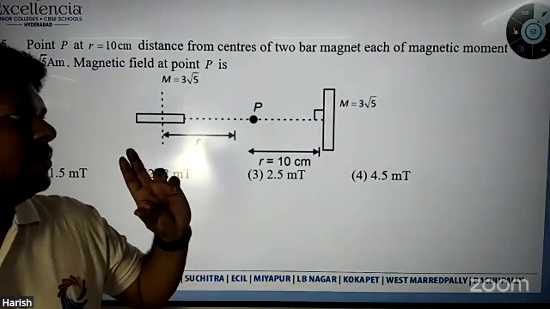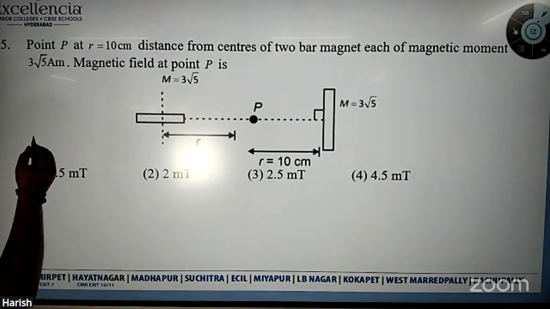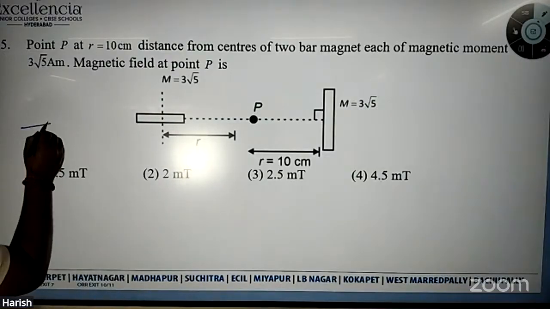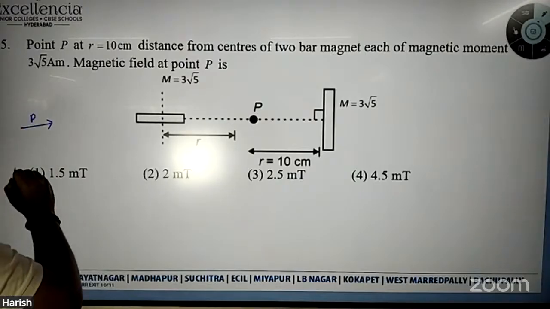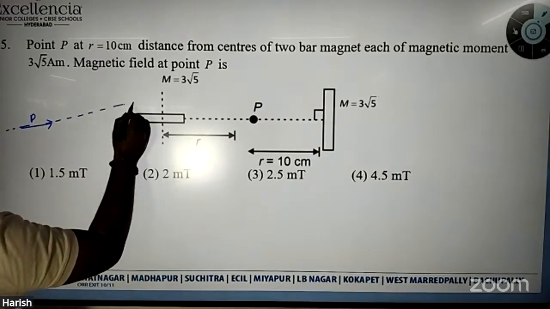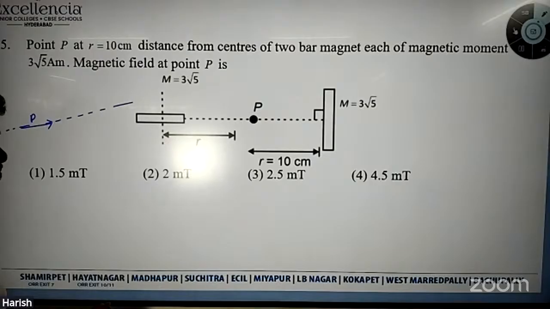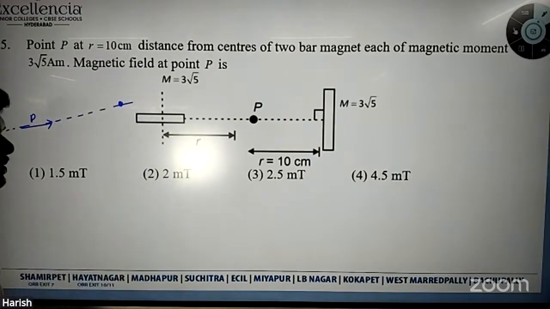But still, you need to know how to relate the terms and formulas. For example, if you look at this electric dipole, with point P, and this is the axial line. We even know the formula of electric field due to a dipole on the axial line.